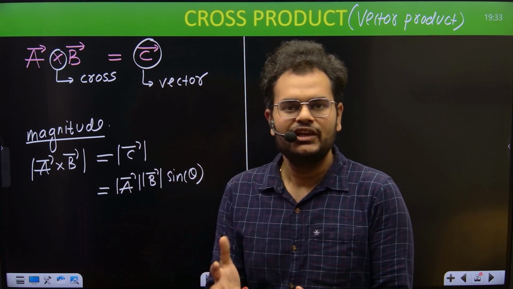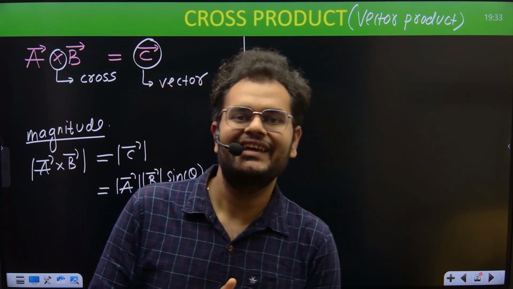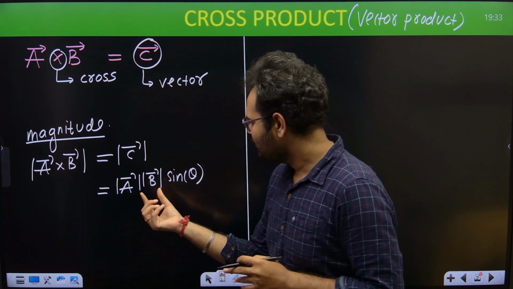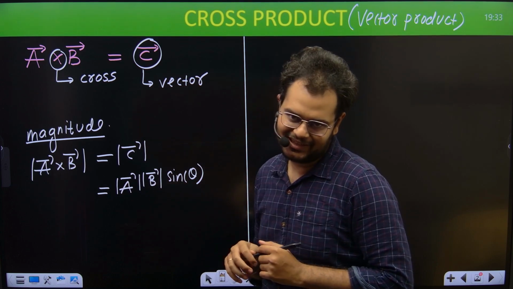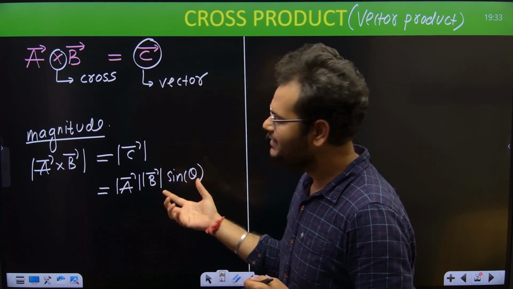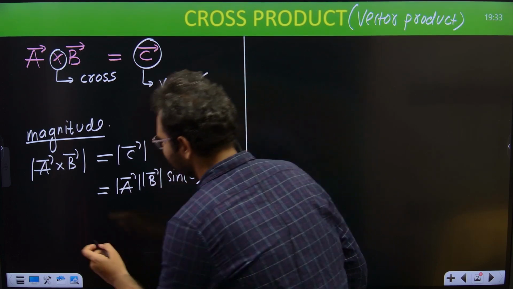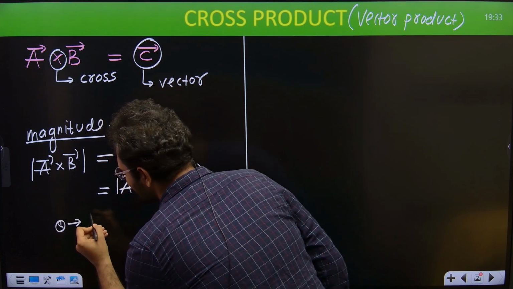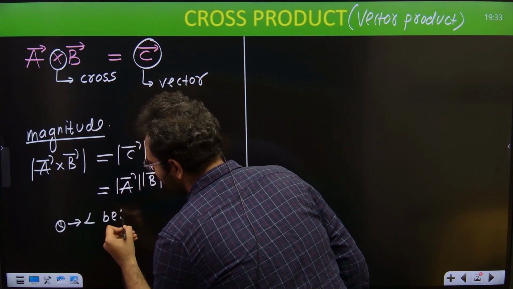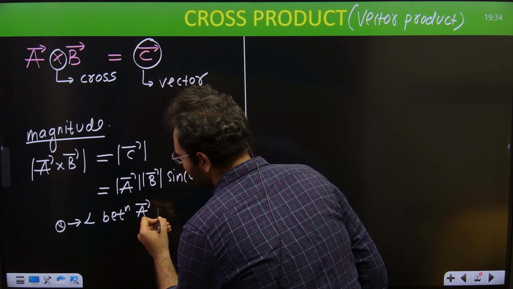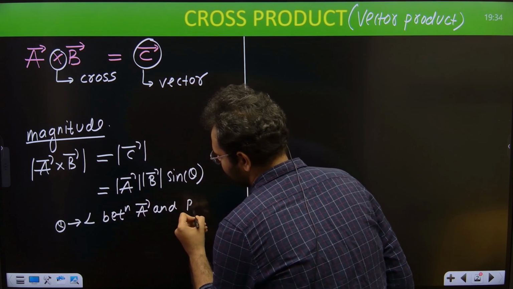Very easy. You remember for dot product what it was? AB cos theta. Here it is AB sin theta. And should I tell you that theta is the angle between A and B? That you know? Yes sir, that much we know. Theta is the angle between A vector and B vector.